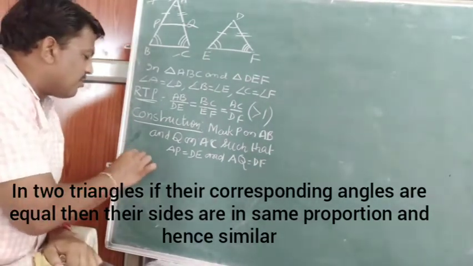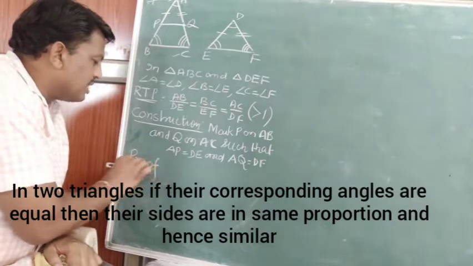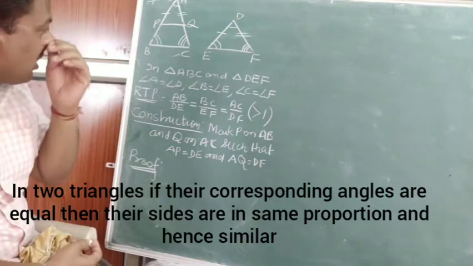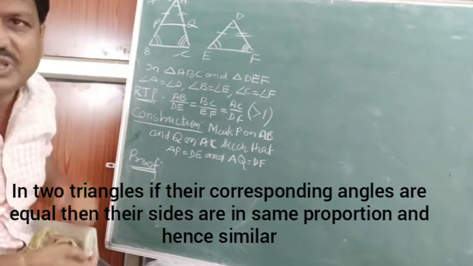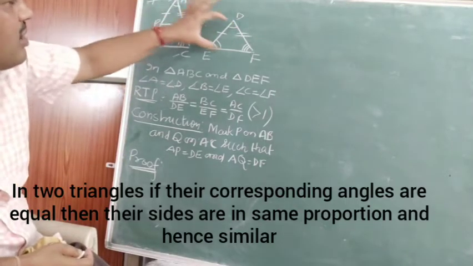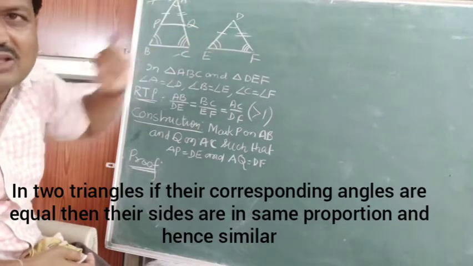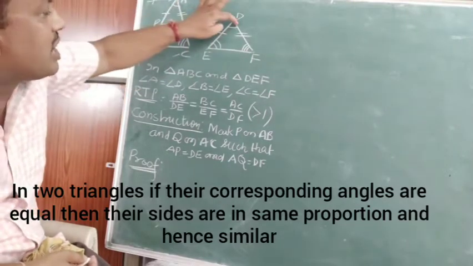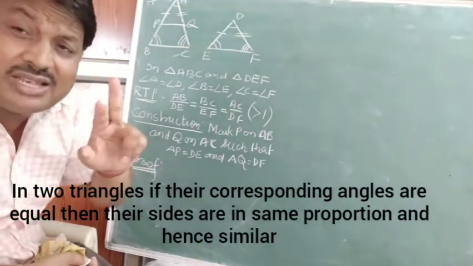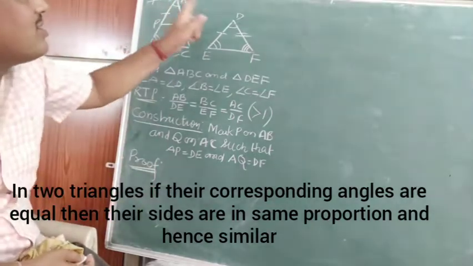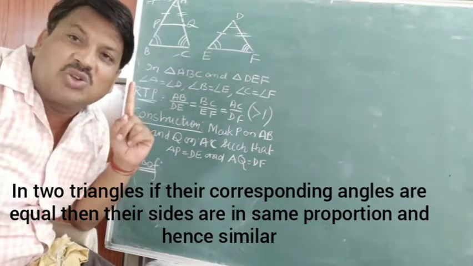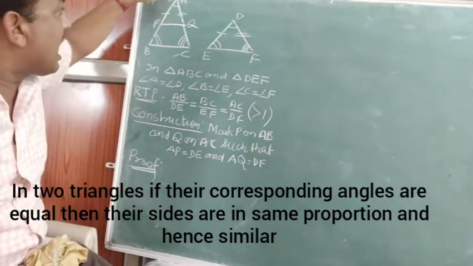Now we have to start our proof. How to prove this, children? For that, first of all, see what can we take to prove this. So nothing, just simply see these two triangles. What can we do? One side is given equal to this, one side is given equal to this. Two sides are given equal. One angle is given equal. So with this we can go to flashback in 9th class in the congruency rule. Side, angle, side.